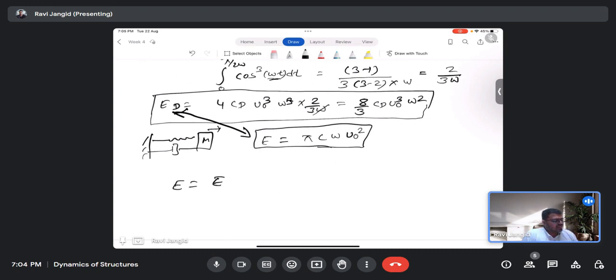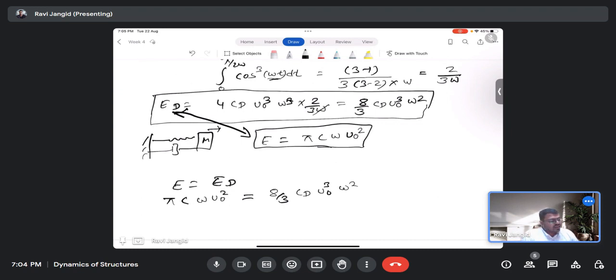If I equate E equal to ED, then pi c omega u naught square is equal to 8 by 3 cd u naught cube omega square.